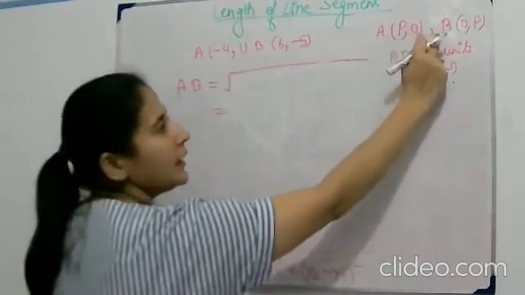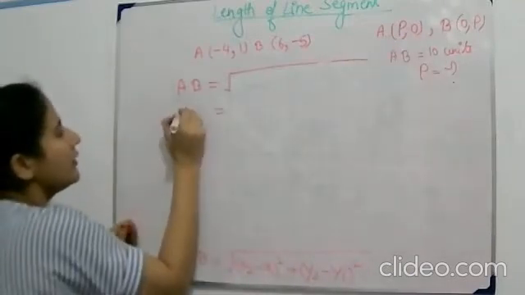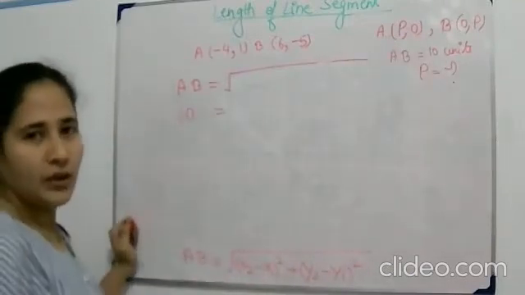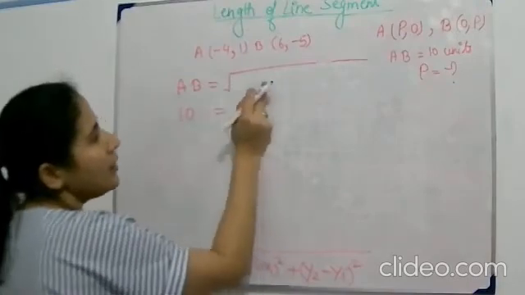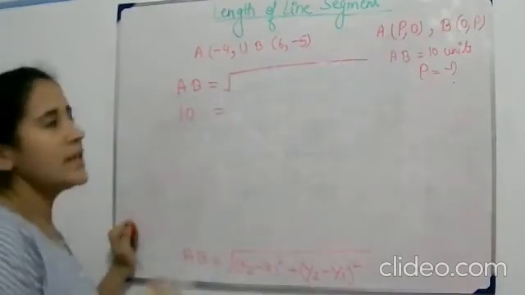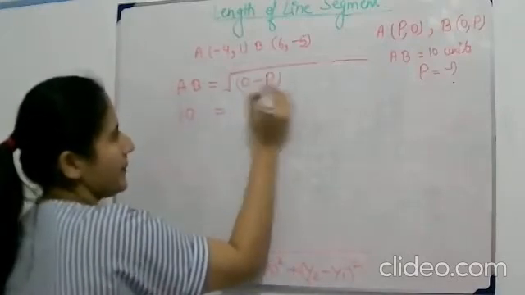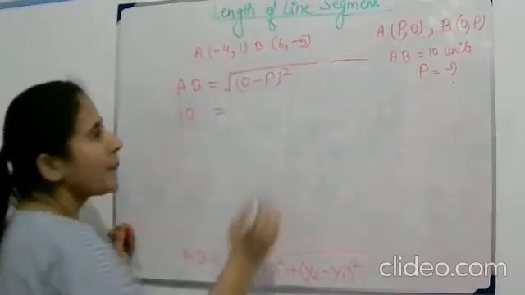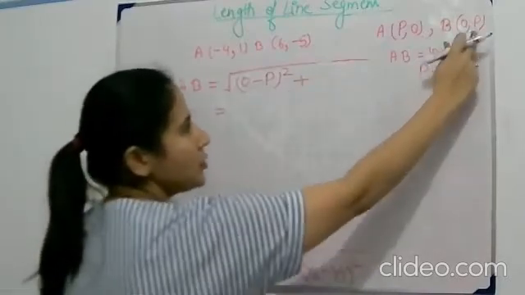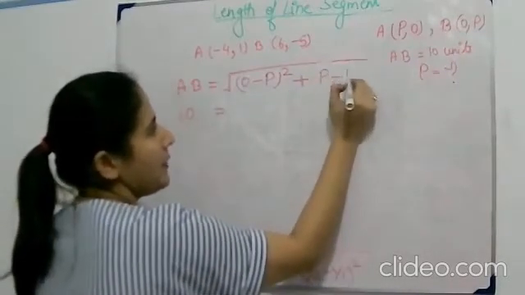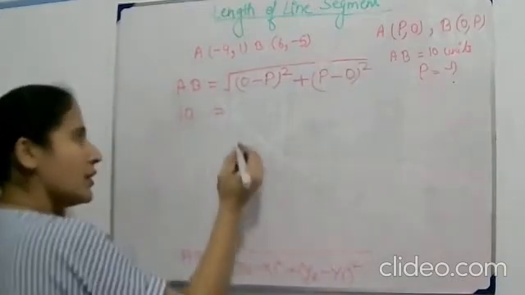The length of line segment AB is given, 10 units. Now here also, x2 minus x1, 0 minus p, plus (y2 minus y1), p minus 0, whole square.